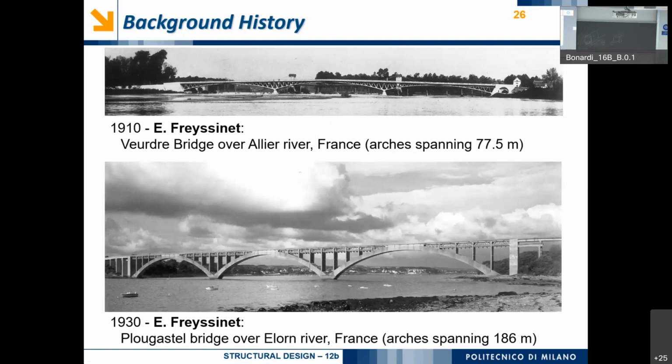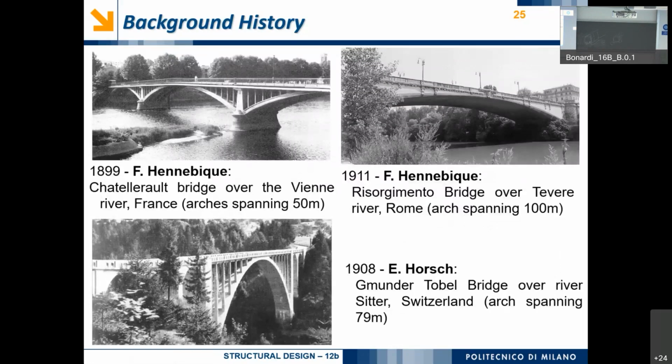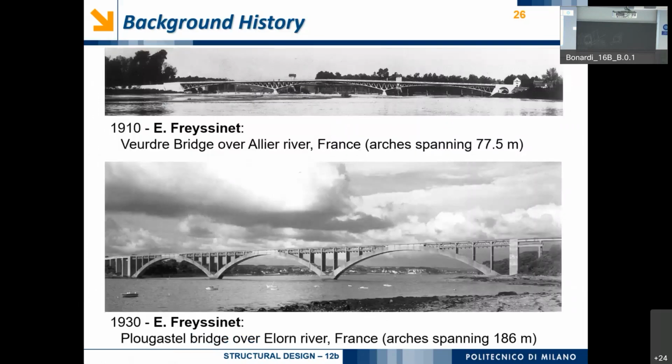Then going along, we have other examples of low-rise bridges with arches spanning more than 70 meters and even 180 meters here in France again. And they're all by Ennebic and Fressinet, basically.